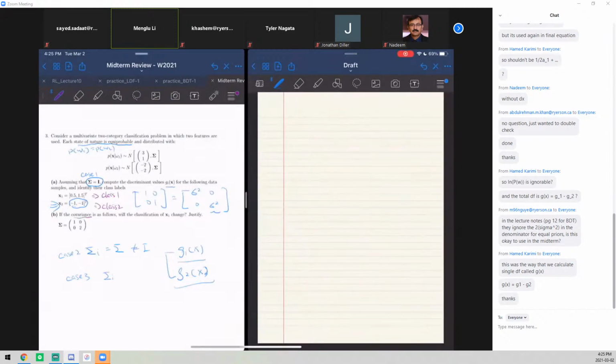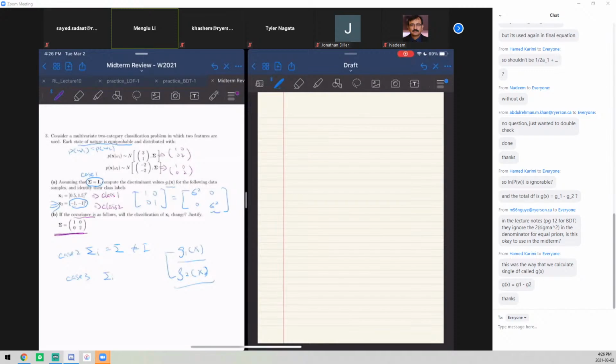Now the covariance is changed to this. It is no longer equal to the identity matrix. Both of them are changed to this, and we know the covariance matrix for class 1 equals the covariance matrix for class 2.